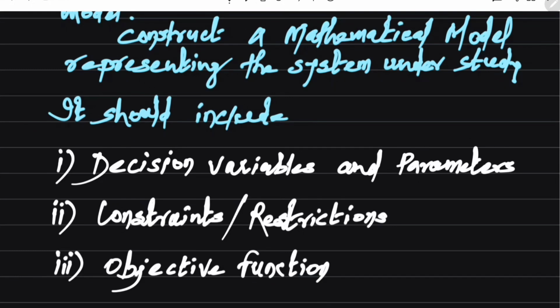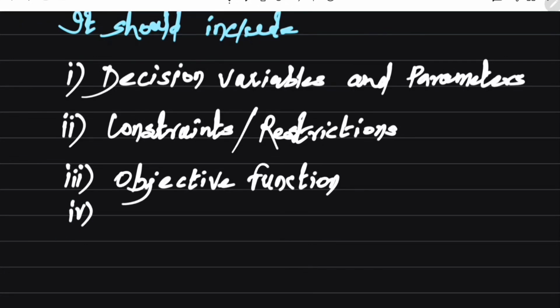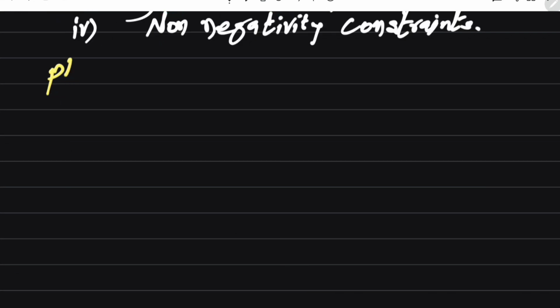And point number 4, non-negativity restriction, that the variable should not be negative. Therefore, these are the 4 points we have to include in that problem.